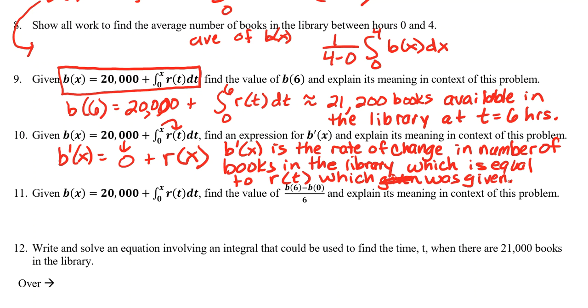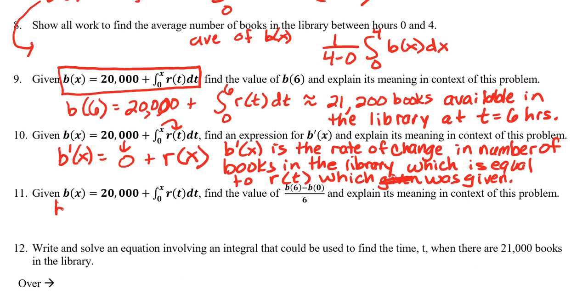Question 11, use our b of x function to find the value of b of 6 minus b of 0, divided by 6. Remember, b of x is the books available, so b of 6 is the number of books available at hour 6. b of 0 is the books available at hour 0. So the numerator, and you can use your calculator to find this.